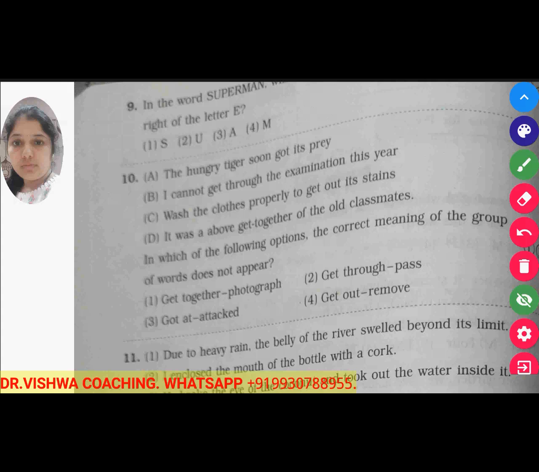In the following options, the correct meaning of the group of words does not appear in: get together, get through, got at and get out. So which is not the correct meaning of the given words?